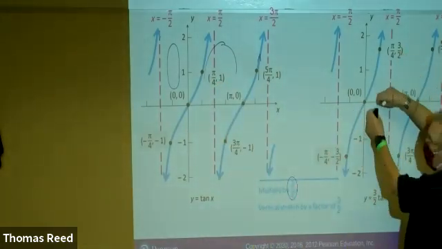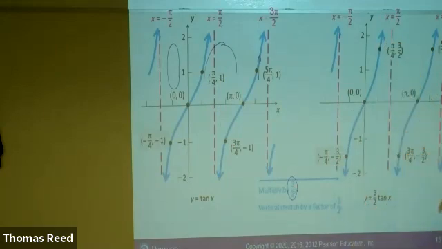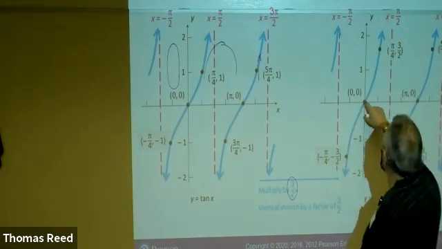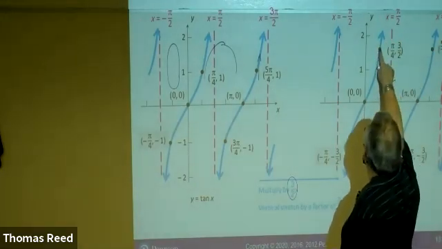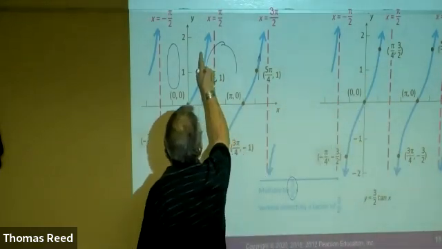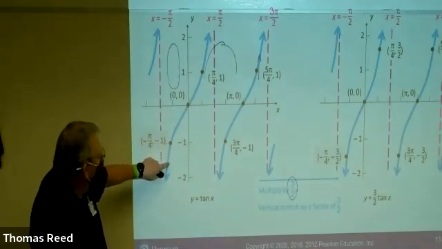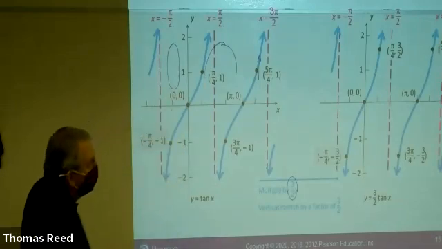And so everything got pulled away from the x-axis. It's not much of a stretch, so it's kind of hard to see that it's being deformed, but it is, because the scales are the same. So this point got moved up to here. And this point got moved down to here. It got pulled away from the x-axis.